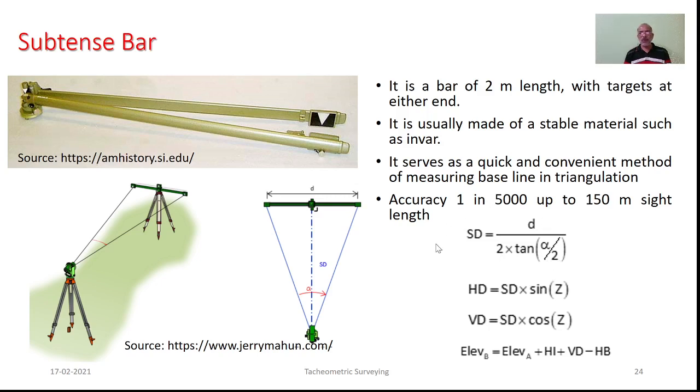As we measure this particular sloping distance, it can be reduced to its horizontal component and vertical component by making use of the zenith angle, say Z.